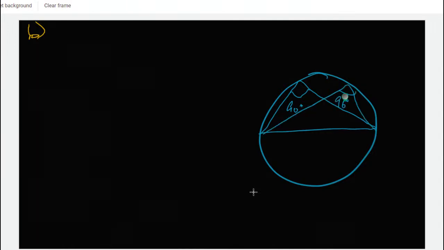If I draw this, it would be 90 degrees. From the two ends of the diameter, if I'm drawing onto the circumference of the circle, the third point is going to give me 90 degrees.